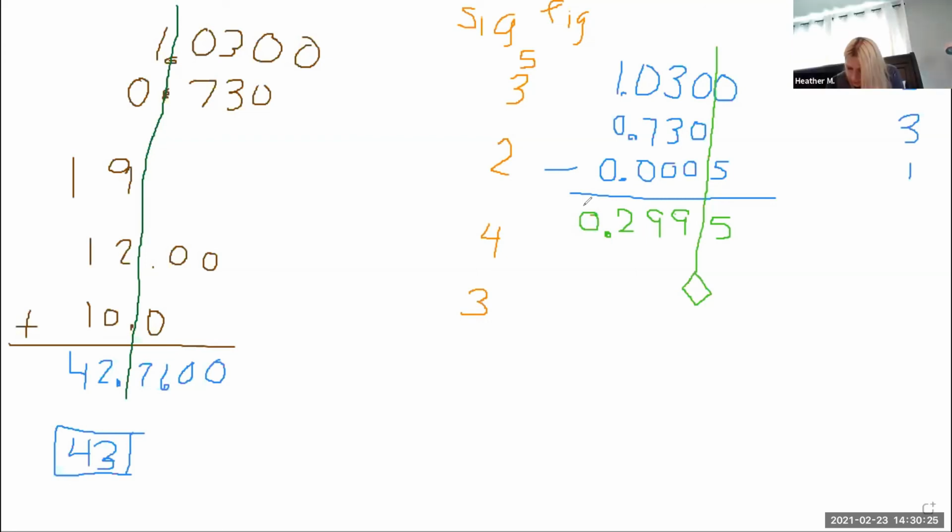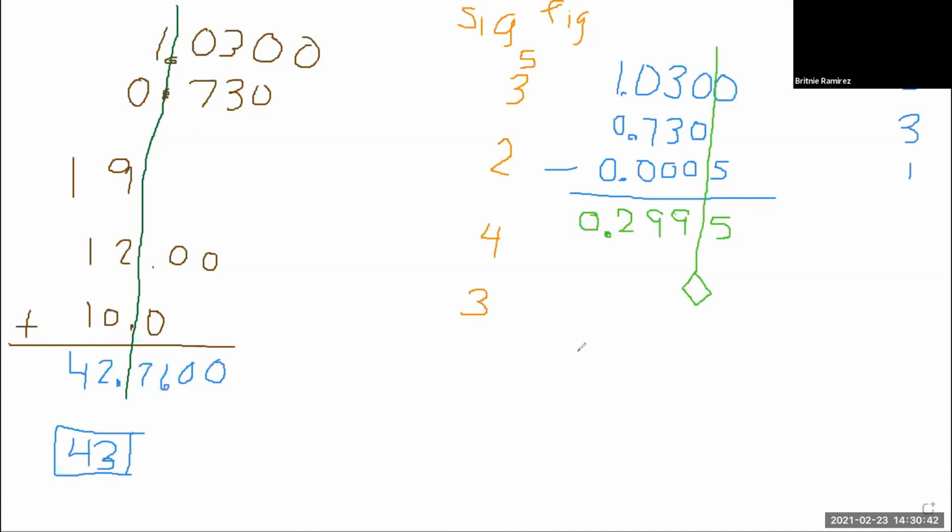You end up with 4. Are you sure? We're going to end up with 3. That's right, precision line. Okay, so are we going to round up, round down, or leave it alone?